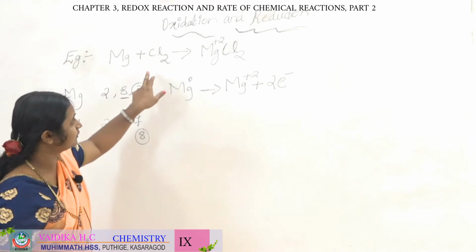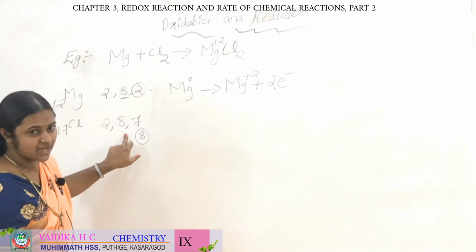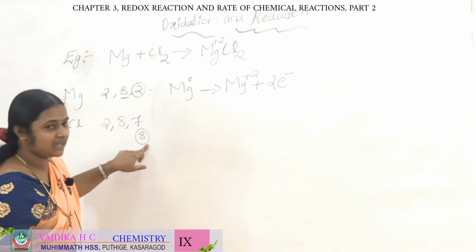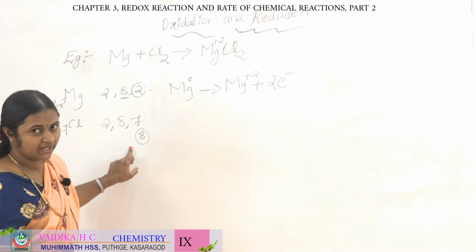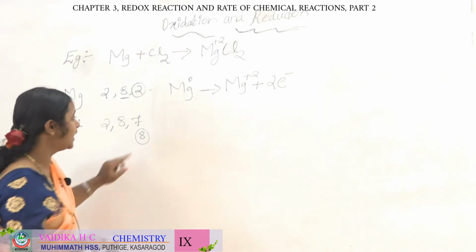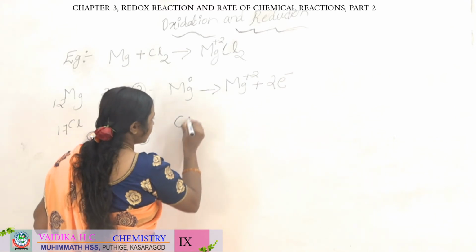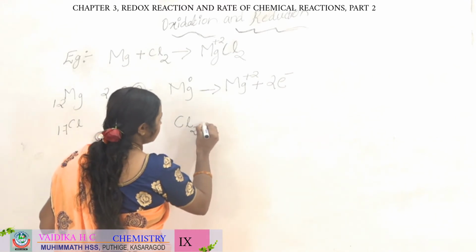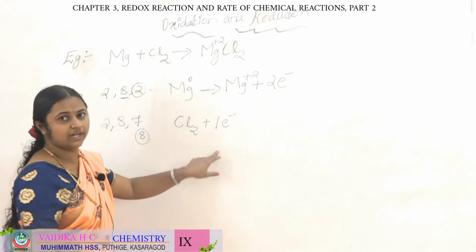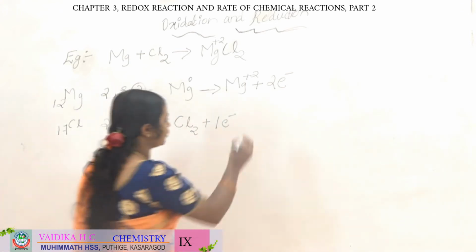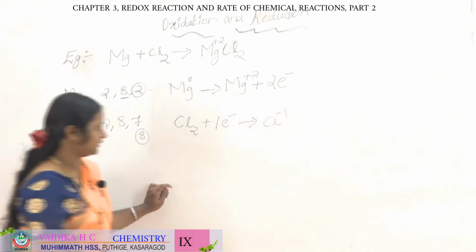So the Cl will get the minus 1 charge because to attain 8 electrons in its outermost shell, it wants 1 electron, so it will accept 1 electron. Chlorine will accept 1 electron and it will get the charge minus 1.